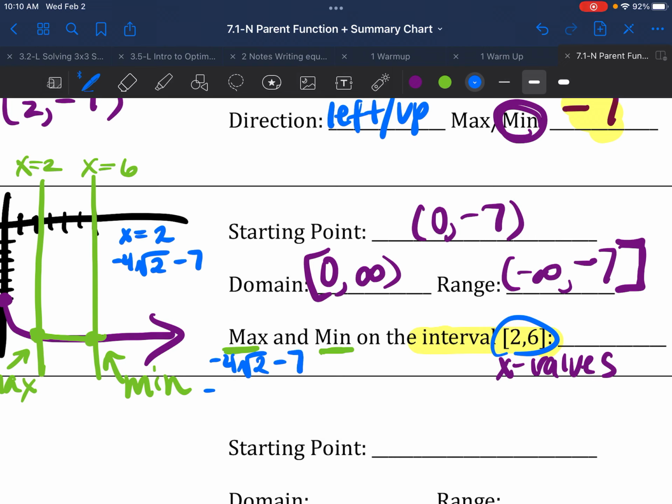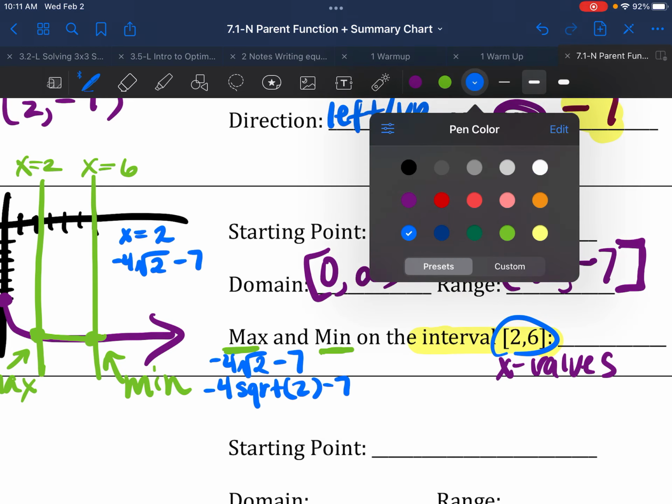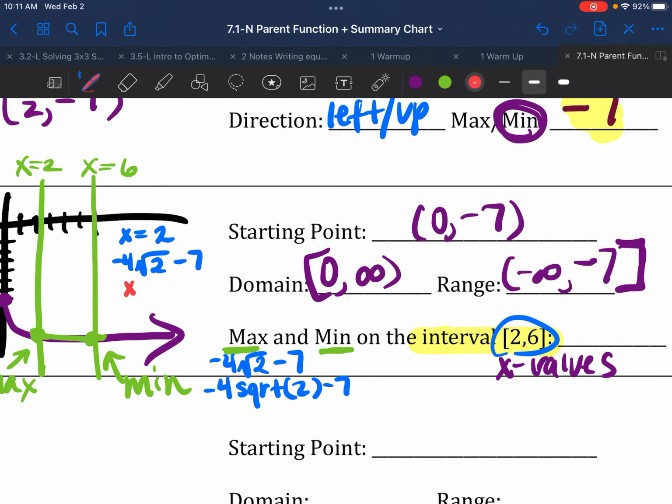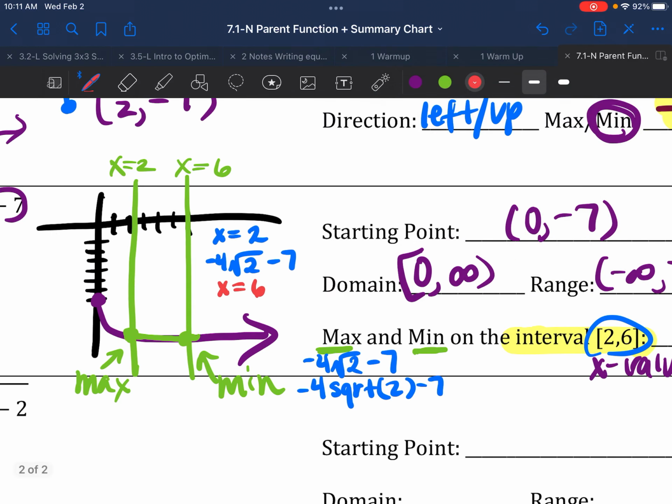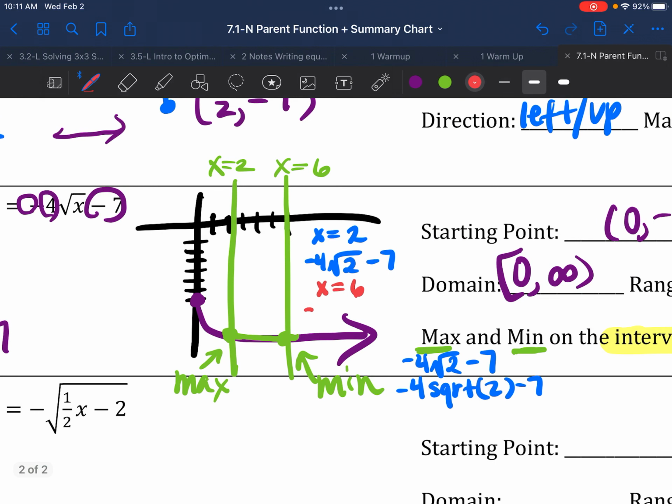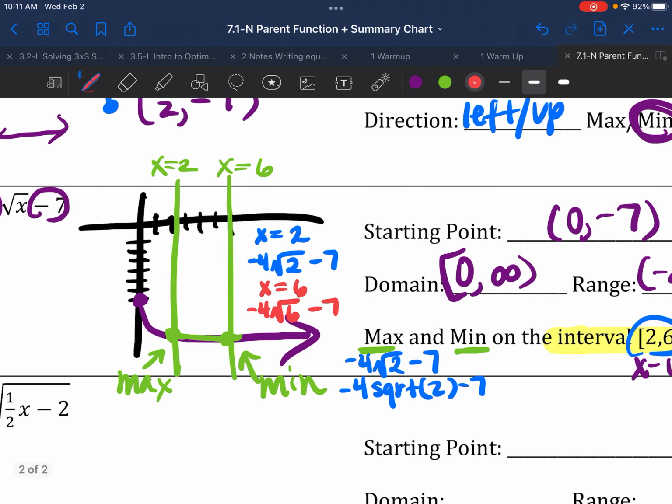On Canvas, you would type -4 SQRT of 2. That's where your parentheses go. And then you would put a -7 outside the parentheses. For the minimum, we're plugging in x equals 6. And so into that rule, we would have -4 square root of 6 minus 7.